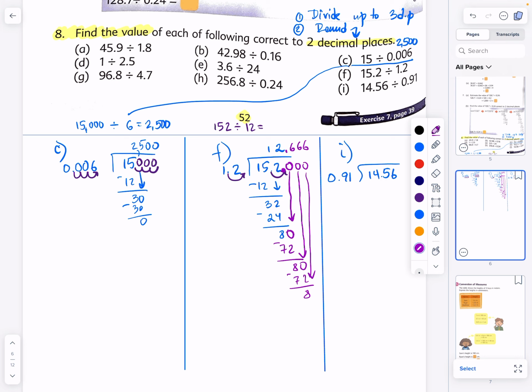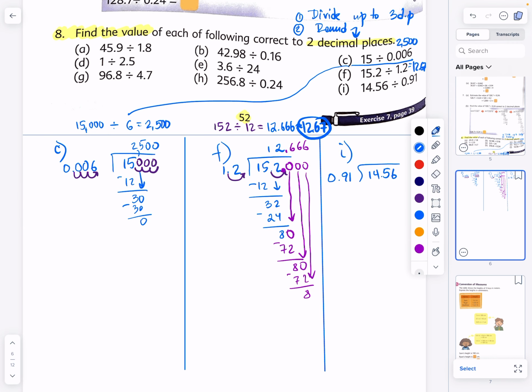And now we can round it to 2 decimal places. So it is 12.666, which rounds to 12.67. Okay, here the answer is 12.67. And final example, I for igloo, 14.56 divided by 0.91.